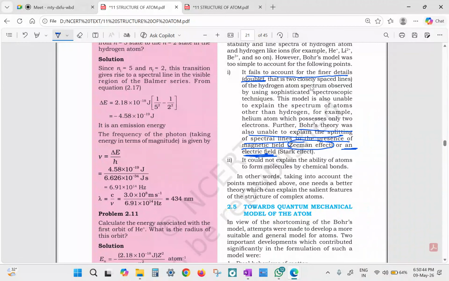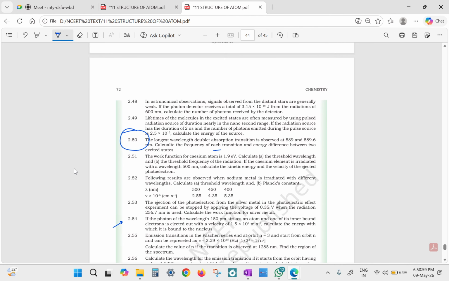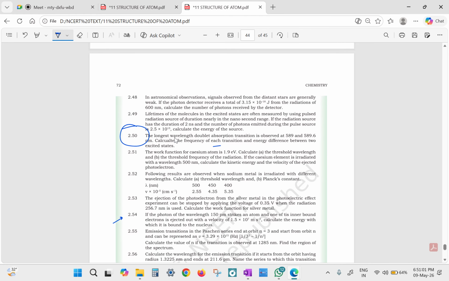Doublet refers to two closely spaced lines. We will talk about one of the questions here. You see question 2.50. I want you to focus on that. It's not an explanation of that, but it is related to that concept. The longest wavelength doublet absorption transition.